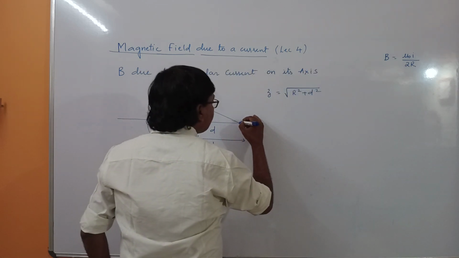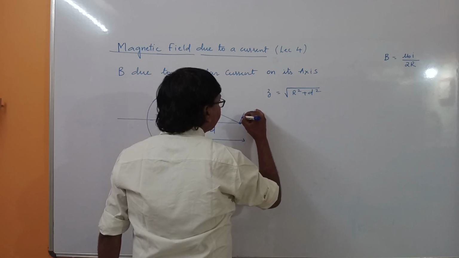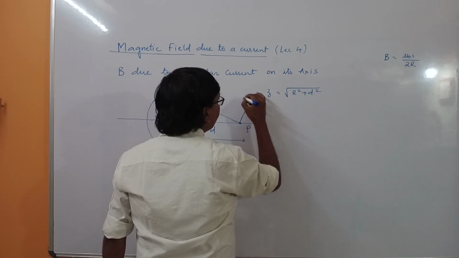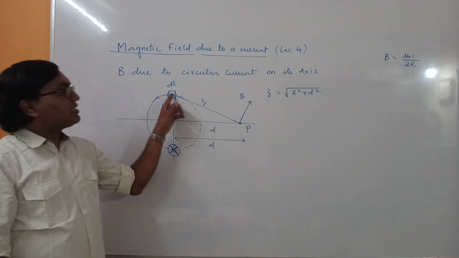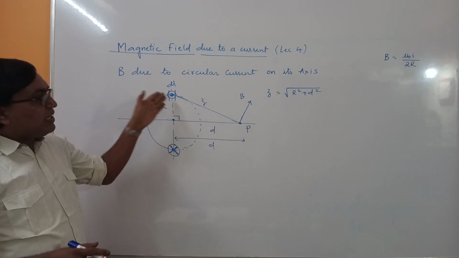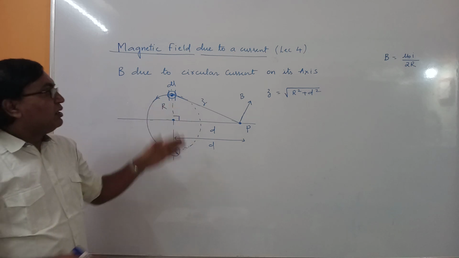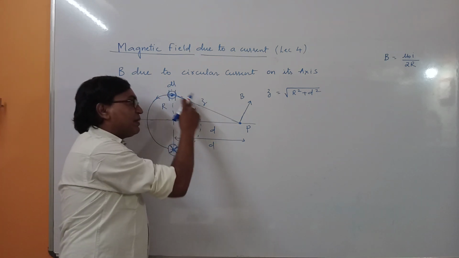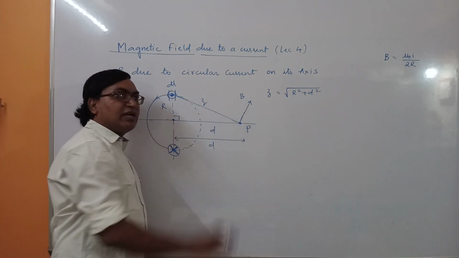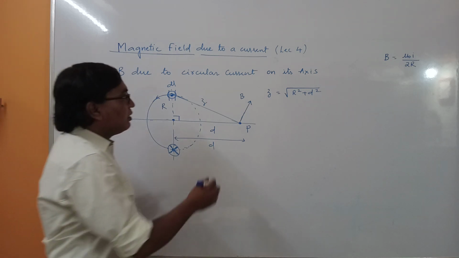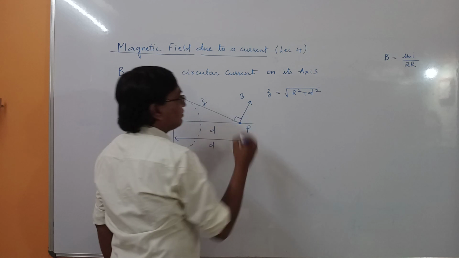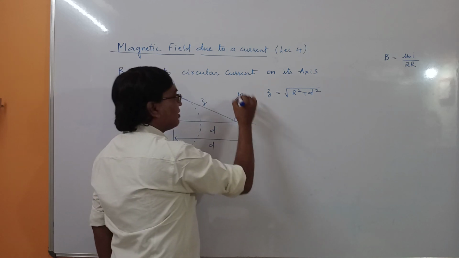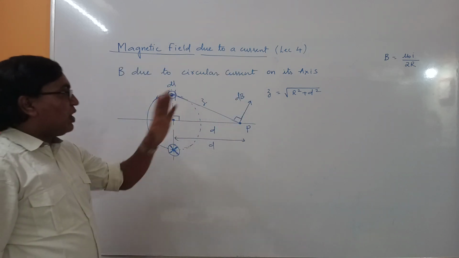The magnetic field vector should be perpendicular to the position vector as well as the current element. So the current element is perpendicular to Z as well as perpendicular to B. So this is 90 degrees. This is the magnetic field due to that small element.